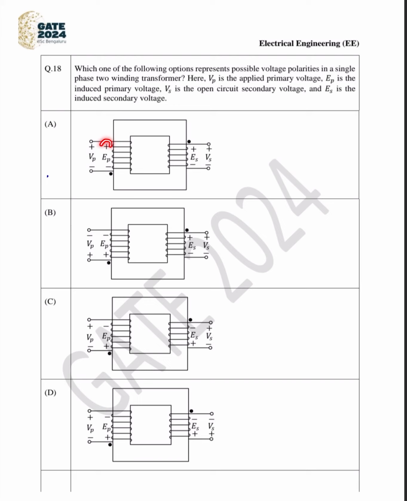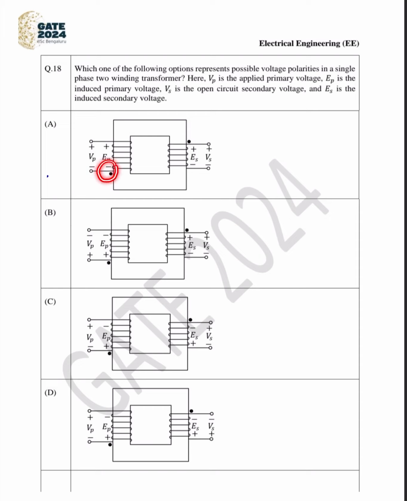See, if this is positive terminal, this is negative terminal, the dot was marked at the negative terminal of the primary. Same way, this combination also must be maintained in the secondary.